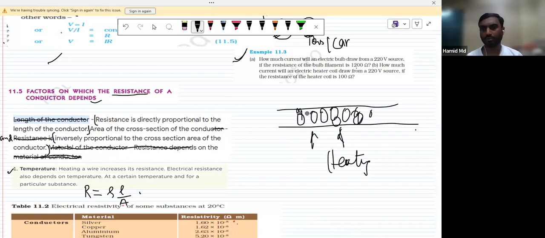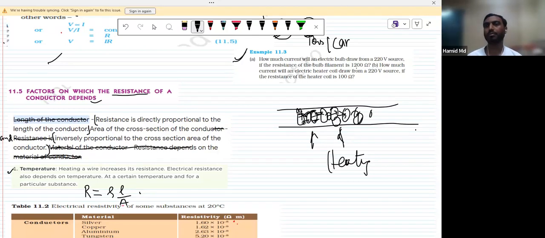Then what will these atoms and molecules do? They will start vibrating. There will be vibrational motion, so they will collide with each other. The collisions will be more frequent.